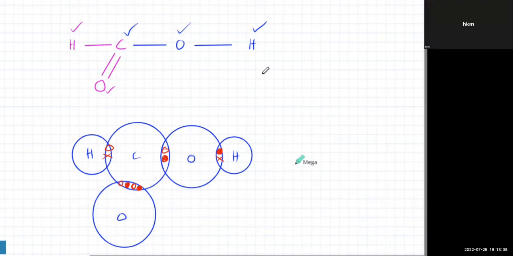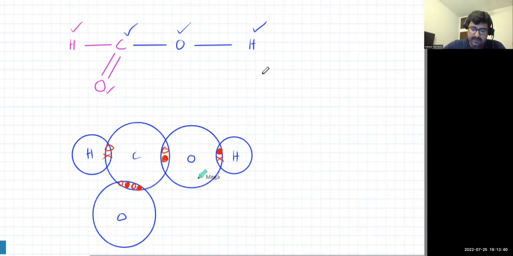Okay, is this one clear? You got carbon, oxygen, and you have to ensure that every atom has a full outer shell. So oxygen right now has 2 electrons here, 2 electrons here, so that's 4 electrons. So it should be having 4 more electrons, which are not bonding. And the carbon has 8 electrons. This oxygen has 4 electrons right now next to it.